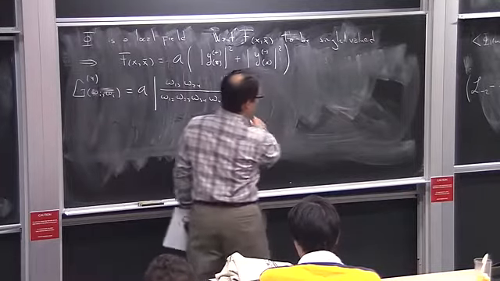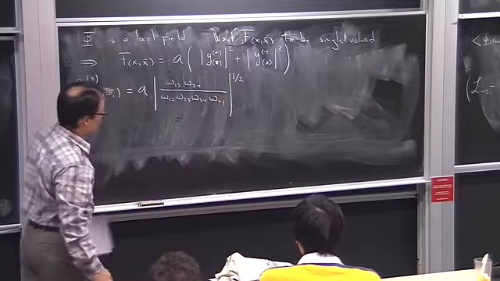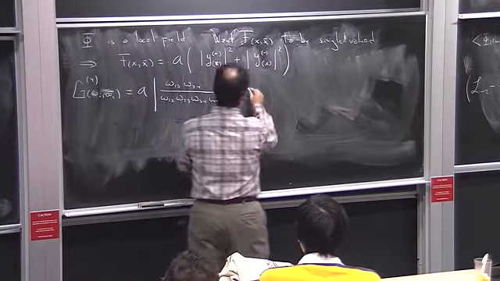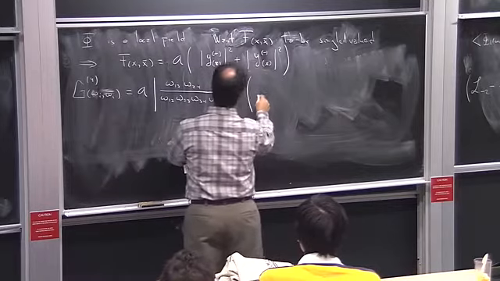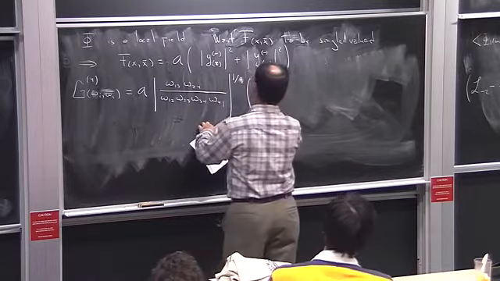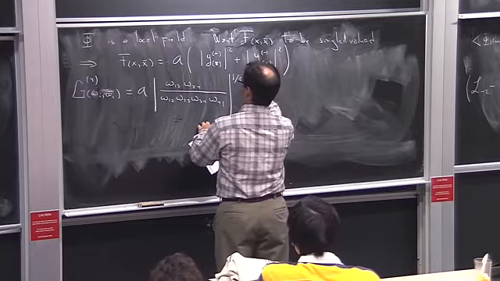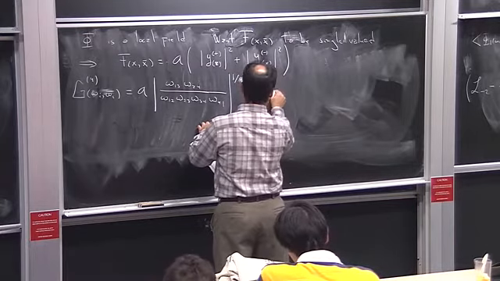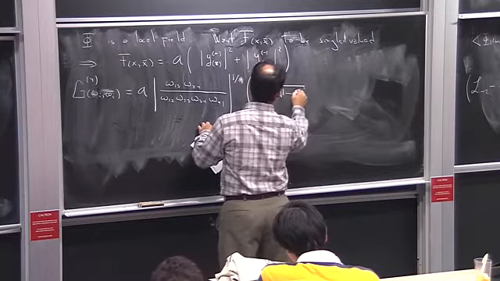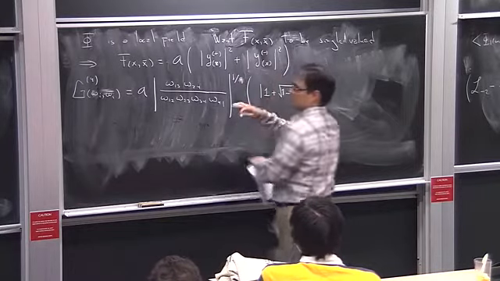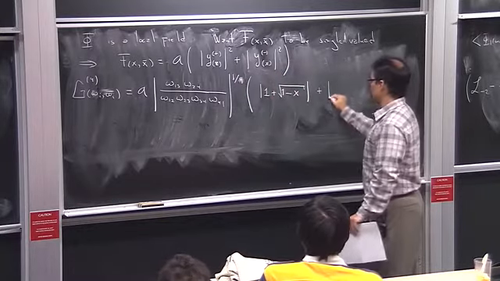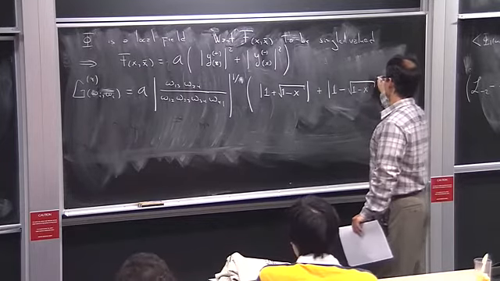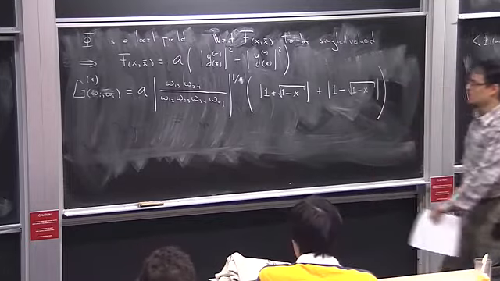Oh, sorry, this is not a half. What factor should that be? It should be a quarter times, well, what we get here: the norm of 1 plus the square root of 1 minus x, because the square root cancels, plus 1 minus the square root of 1 minus x. All right.